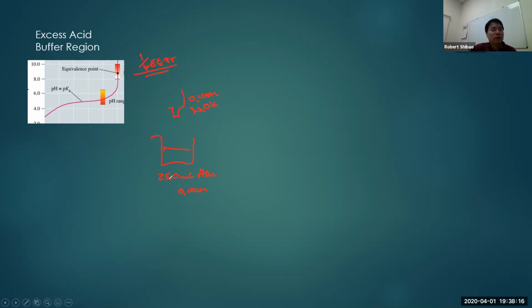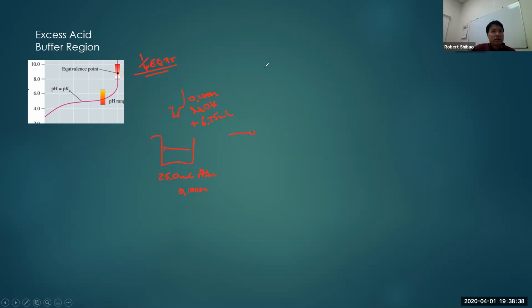I have to add a 1/4 of 25, which is, no, 12.5 is not 1/4. 1/4 of 25 is 6 1/4. And so I'm going to add 6 1/4 milliliters of this in.